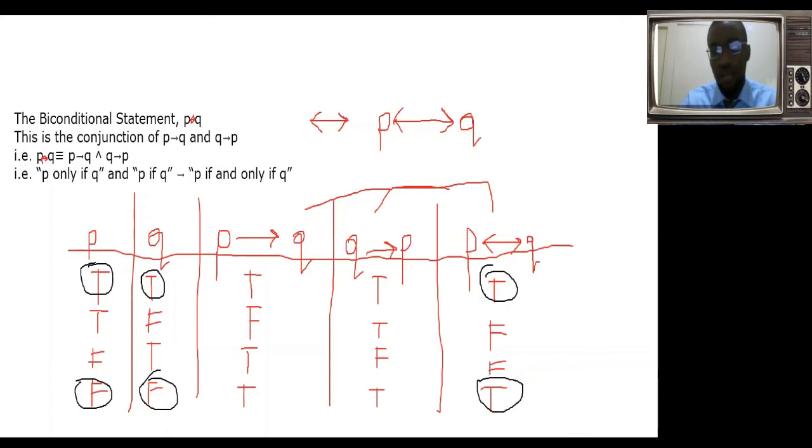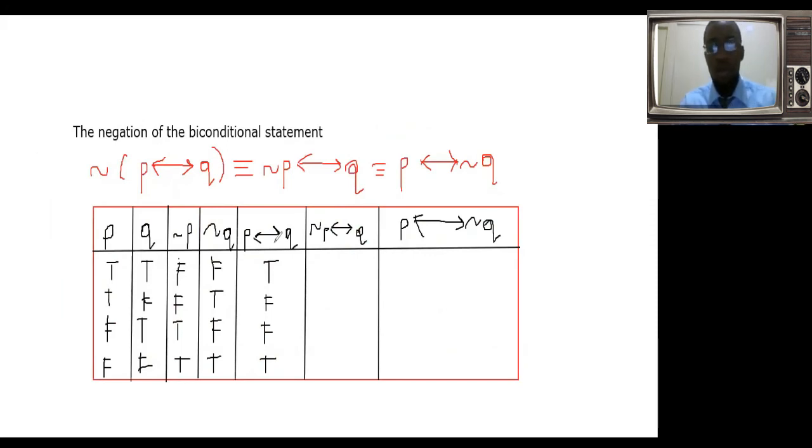All right, so let's go back right here now to the not P and the Q. Whenever not P is true and Q is true, right here is where we're going to have true.